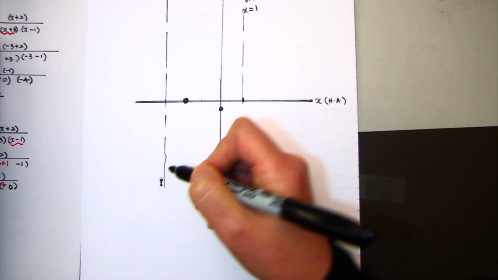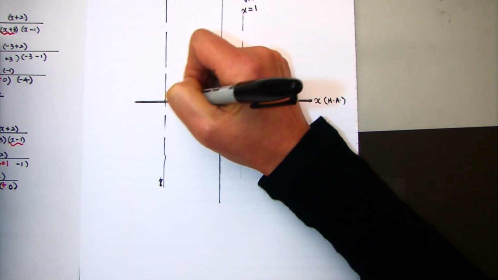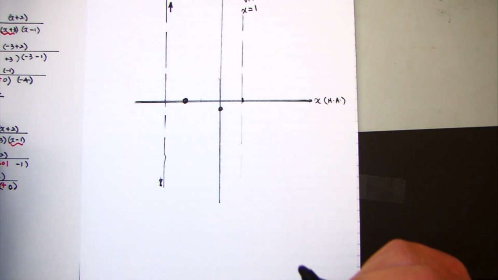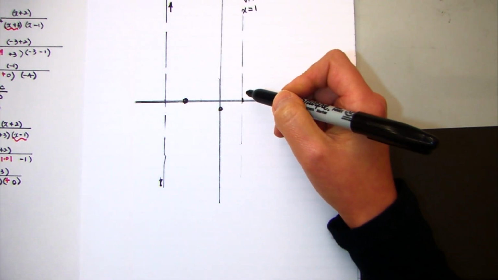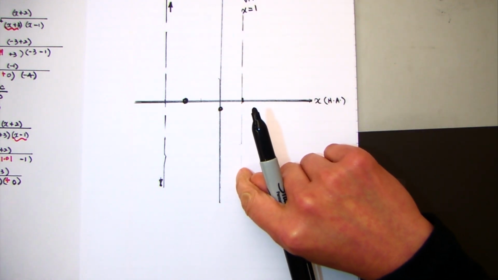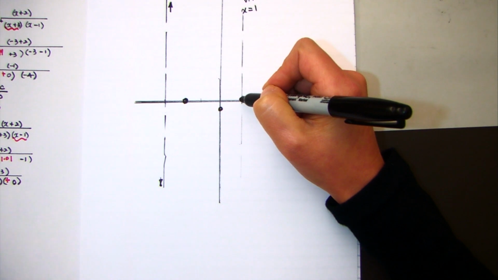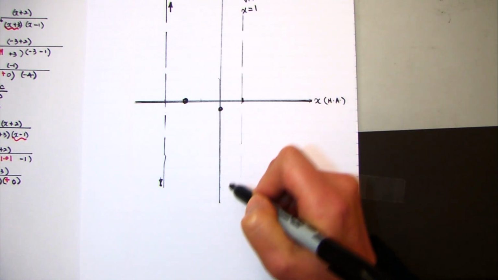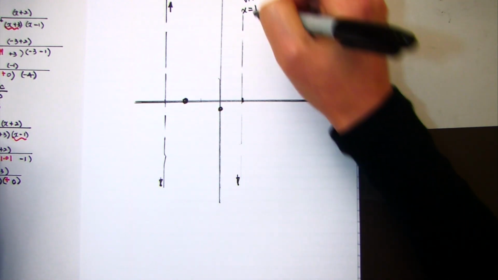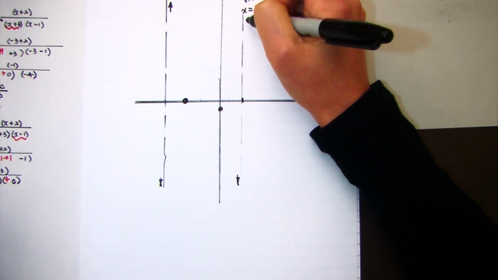When we come to -3 from the right-hand side, we're going to go way up. For the same reason, now I'm looking at x equals 1. When I come to 1 from the left, go way down. Come to 1 from the right, go way up.